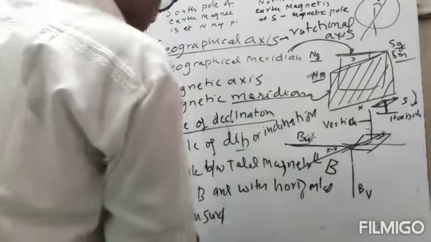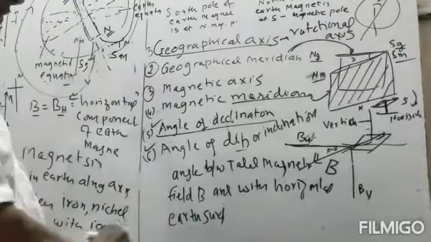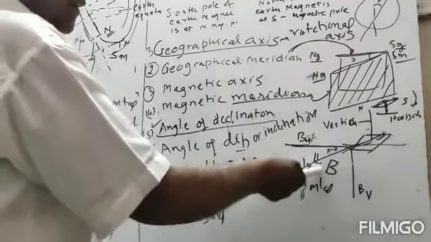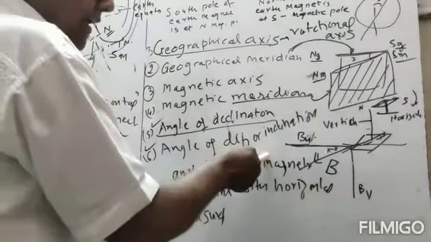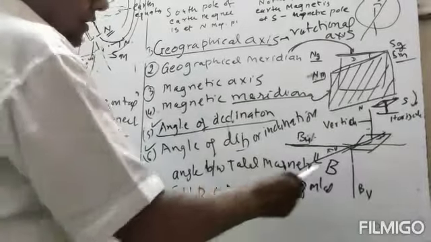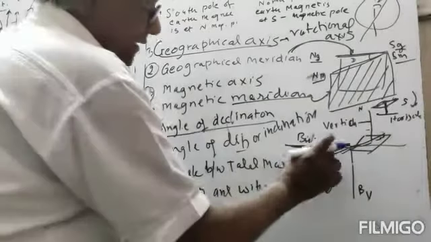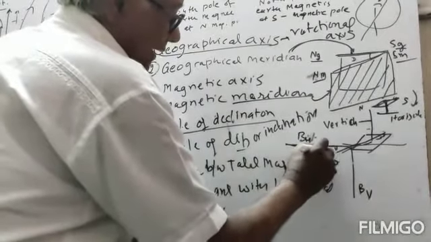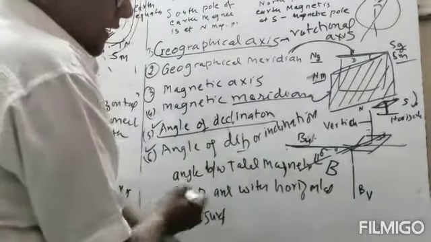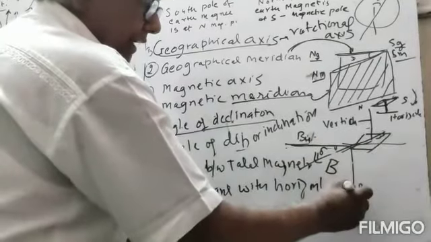So we can define it: the angle of dip is the angle between the total magnetic field and the horizontal earth surface. This angle is denoted by delta. So this will be the horizontal component and this will be the vertical component.